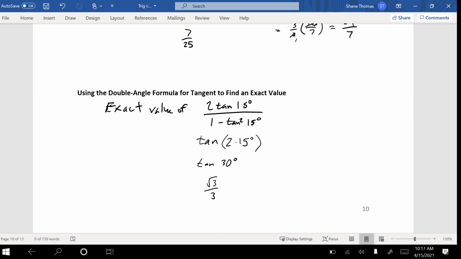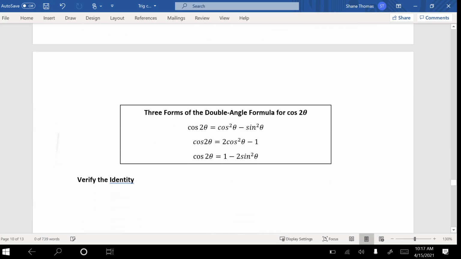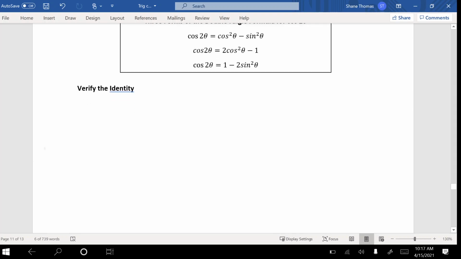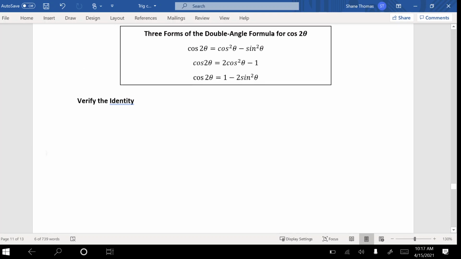Okay. Now, moving on still, there are a couple different ways you can see the double angle formula for the cosine of 2 theta. All right, there's 3 of them. So there's multiple ways you can look at these. Let's do a really, really ugly but pretty identity here.